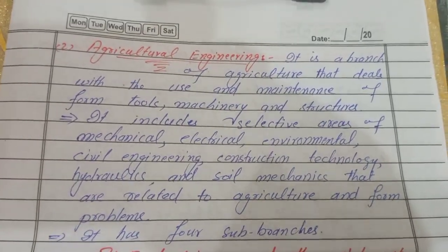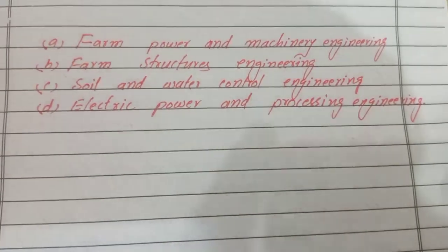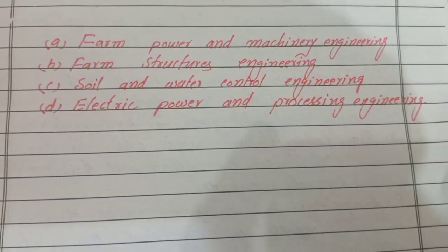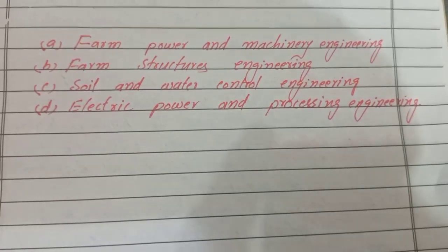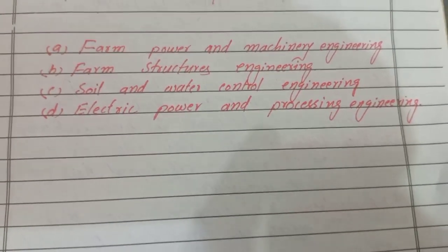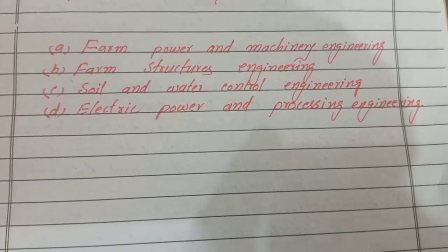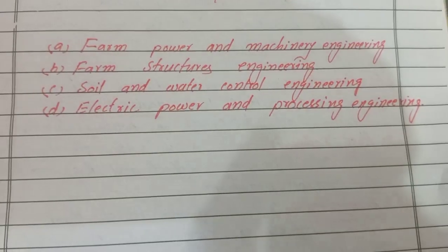It has four sub-branches: the first one is farm power and machinery engineering, the second is farm structure engineering, the third is soil and water control engineering, and the fourth is electric power and processing engineering.